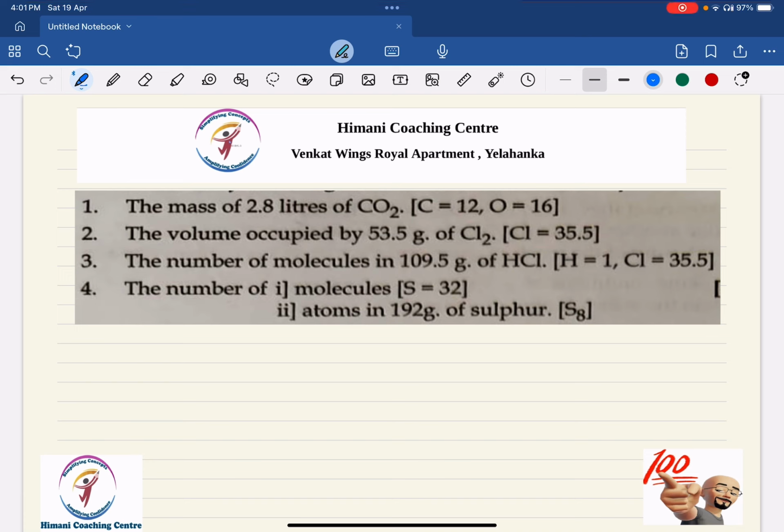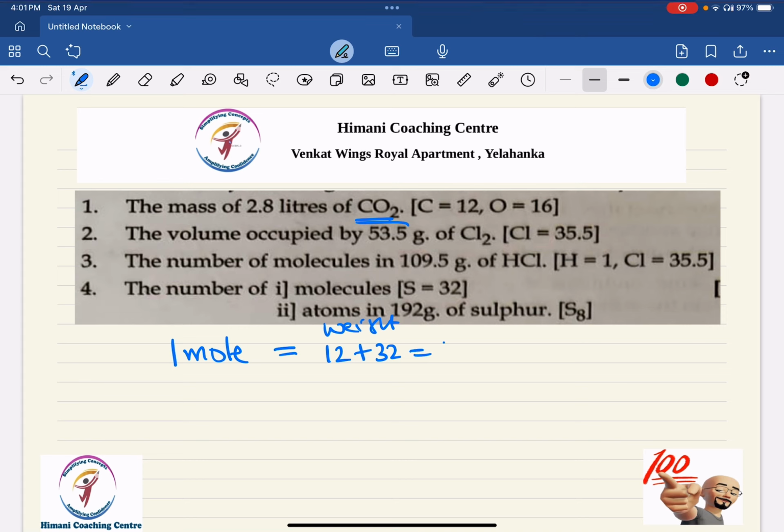Here, the first question says find the mass of 2.8 liters of CO2. Now understand that if I have 1 mole of CO2, let us find its weight. For carbon we are given 12 and O2 will be 32.